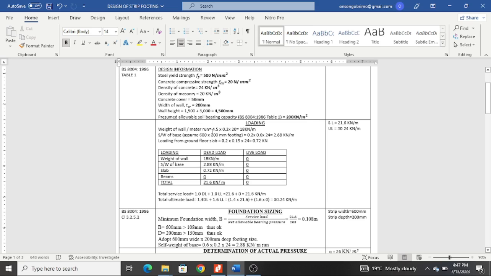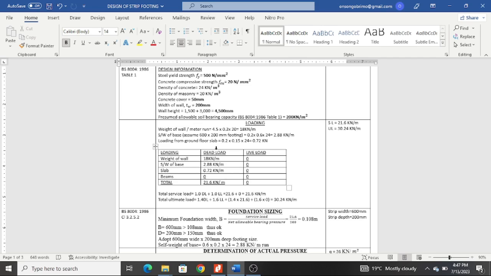So here we decided to do a depth of 200, and for the width, we will be able to calculate its minimum thickness. But for now, we have decided to use 600, so that when the wall is at the center, it has 200 on the external edge and 200 on the internal edge.